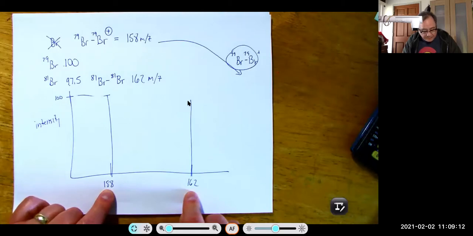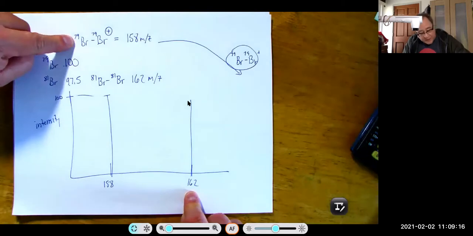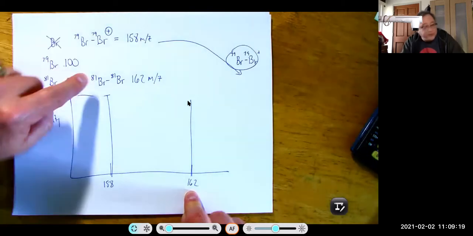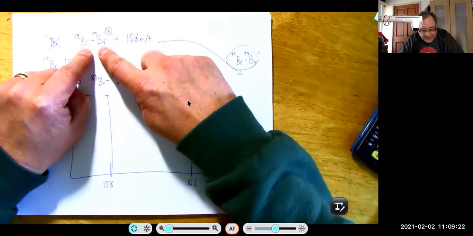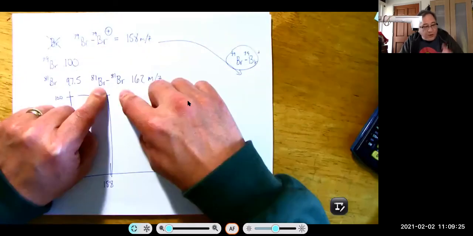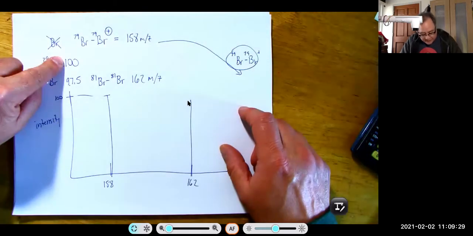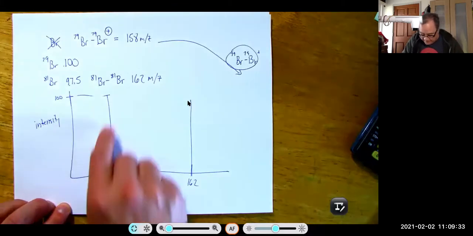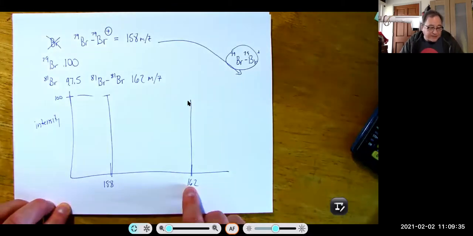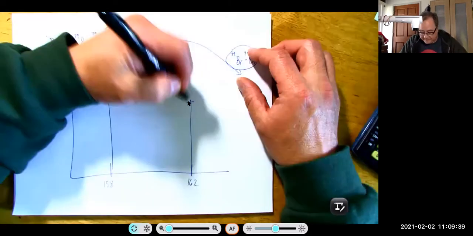Now, because each bromine 79 is more likely than each bromine 81, it seems that two 79s would be more likely than two 81s, but only slightly more likely because we're looking at 100 versus 97.5. So we make the intensity of 158 100 and the intensity of 162 a little less than 100. And there's our hypothesis, and we can test it.